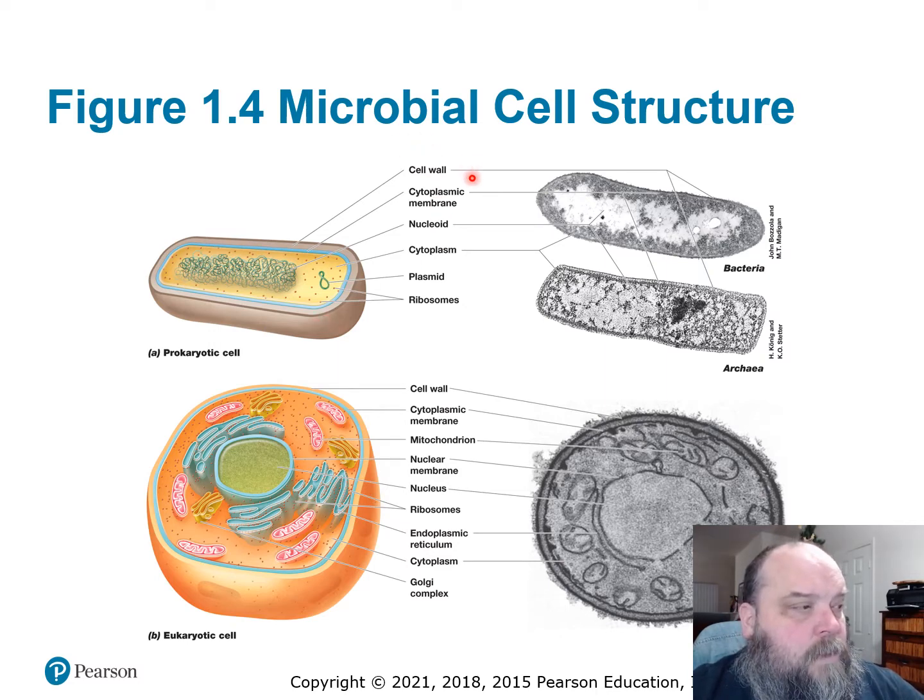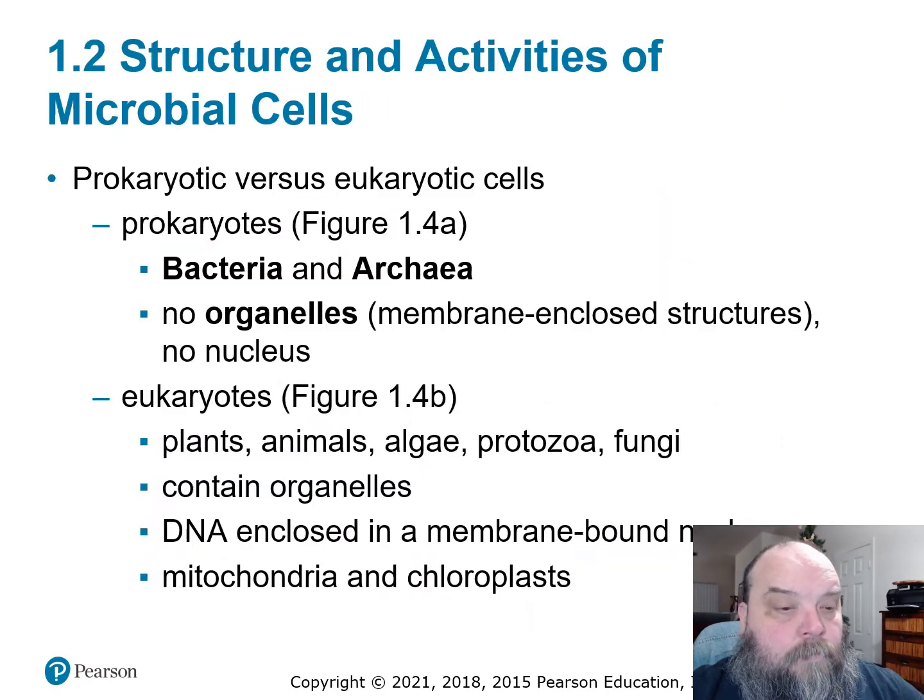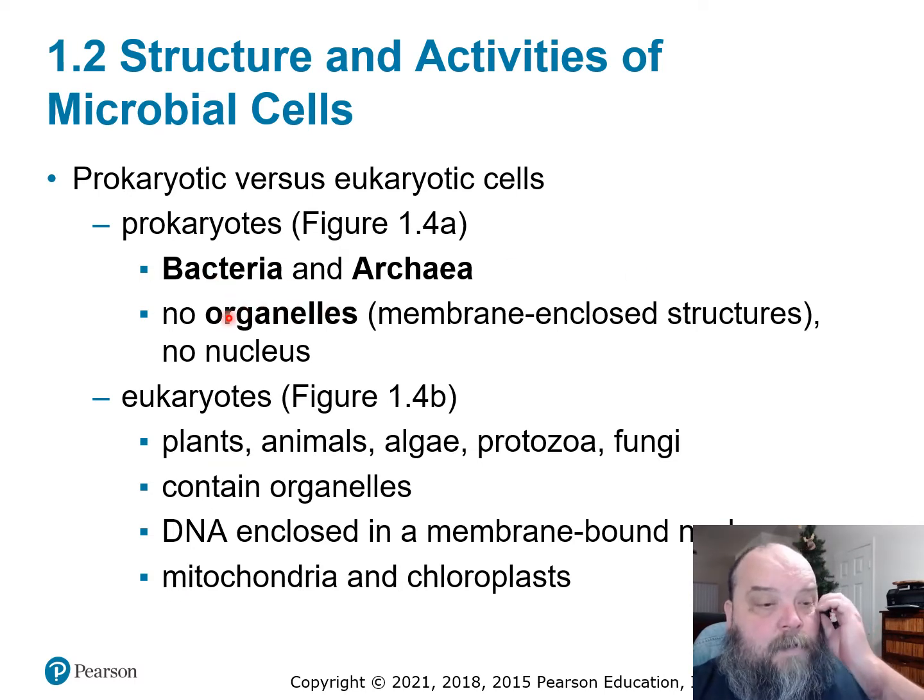But notice, cytoplasmic membrane, cytoplasm, ribosomes, many of the same terms are going to be there. When it comes to prokaryotes, the bacteria and the archaea, no organelles. No organelles is the name of the game.